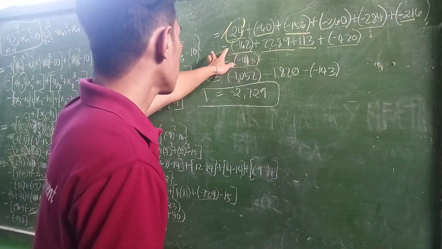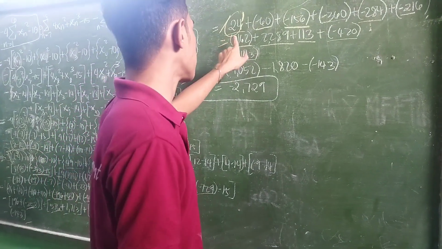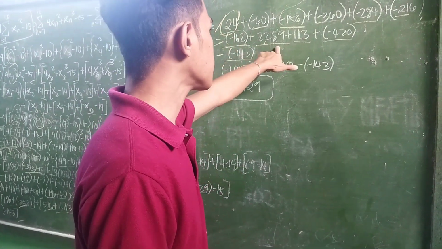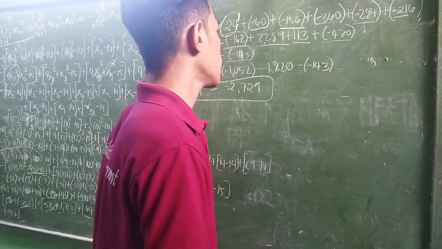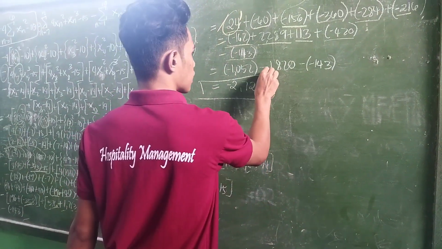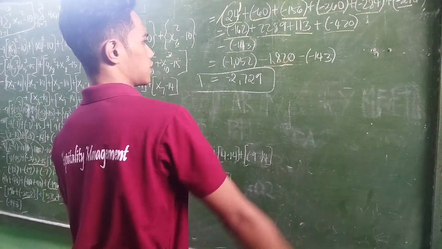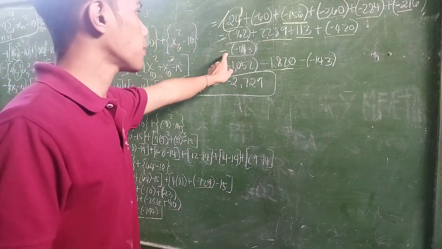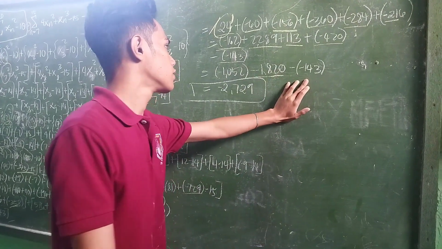And here, if you add all these numbers, which are negative 162 plus 2289 plus 113 plus negative 420, it will result as positive 1820. And we will copy this number here.